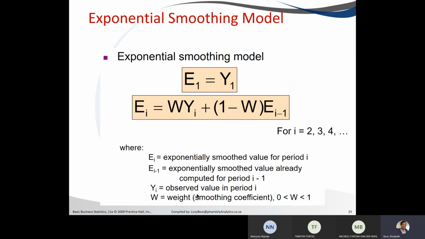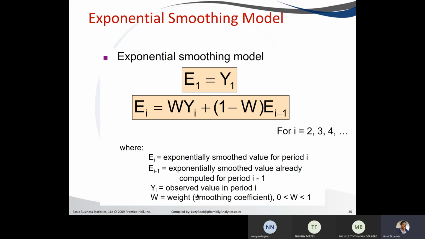So remember this, your first point of your data, your exponential smoothing point for the first one will always correspond to the first value of your data. And that is that E1 is equal to Y1.